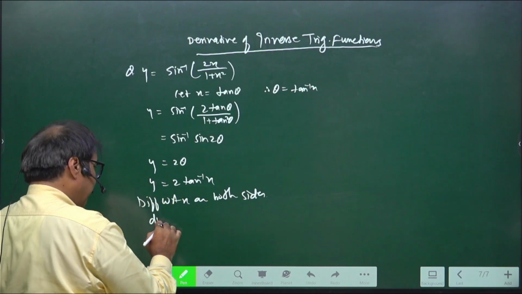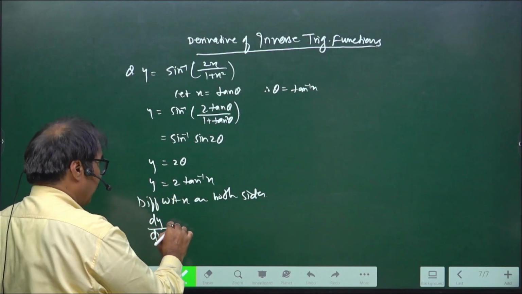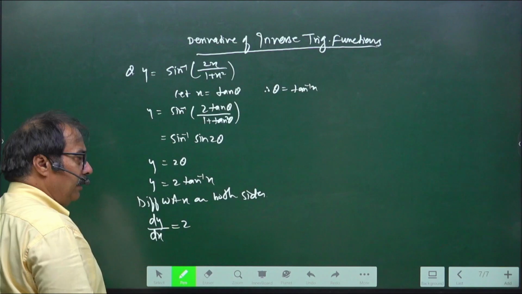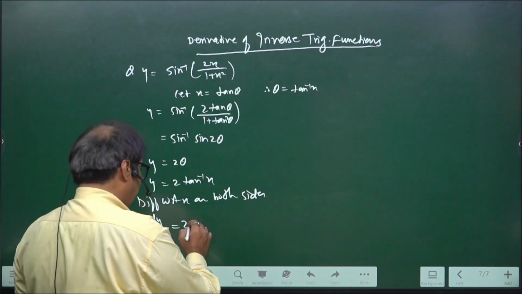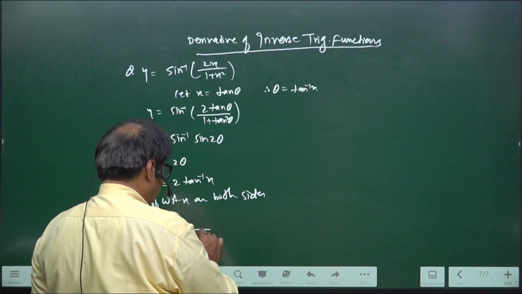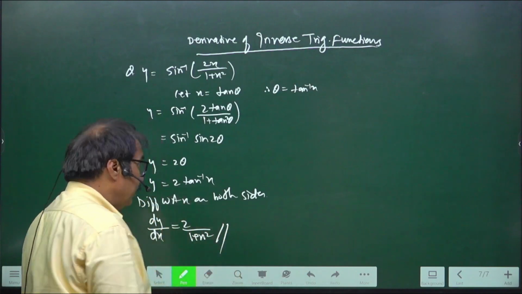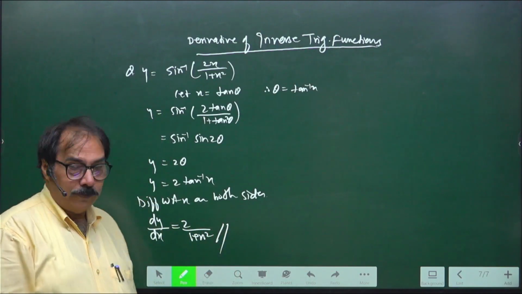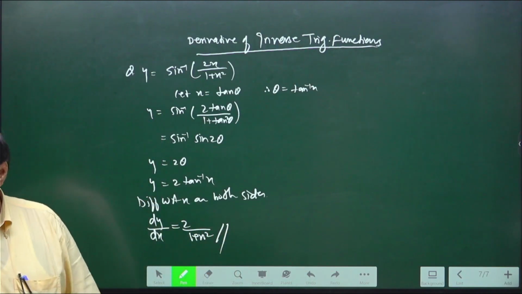So y means dy by dx, and 2 times the derivative of tan inverse, that is 1 upon 1 plus x square. So dy by dx is 2 upon 1 plus x square, and this is the answer of this type of question, inverse trigonometric function.